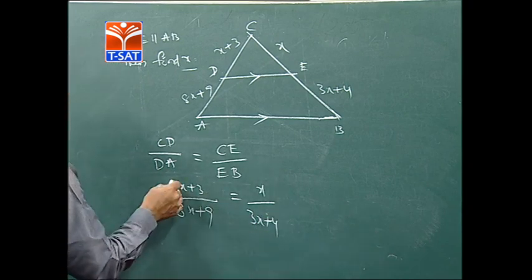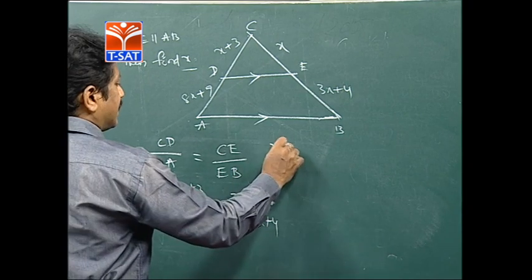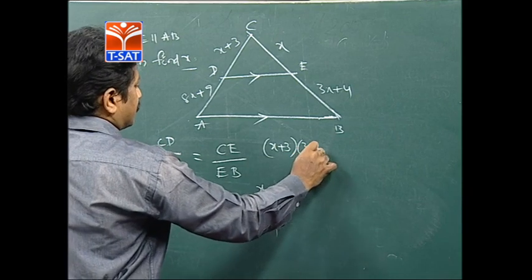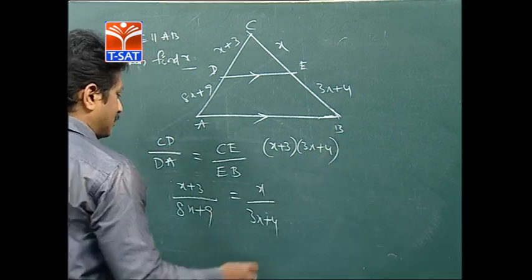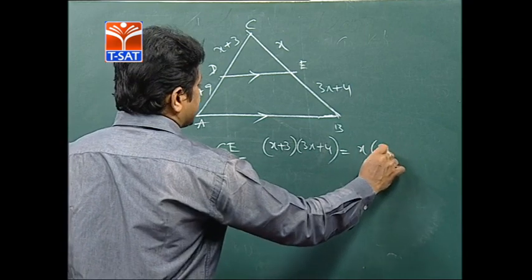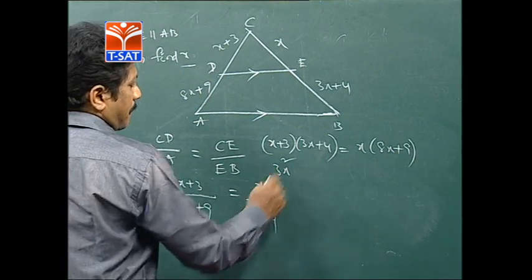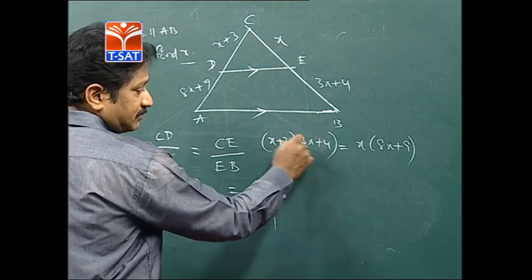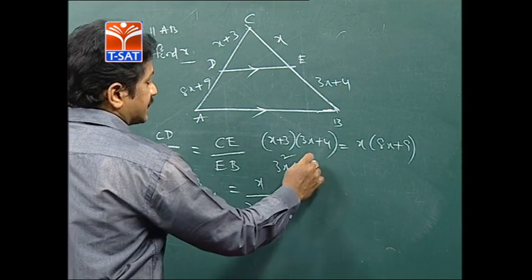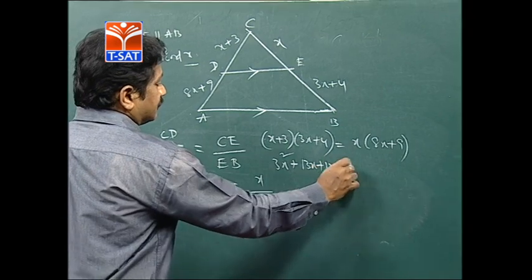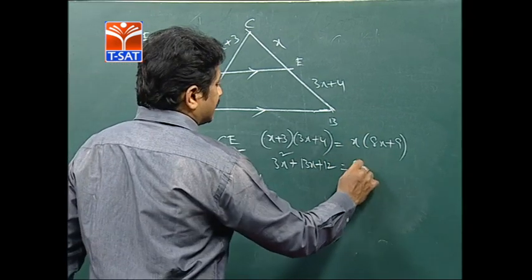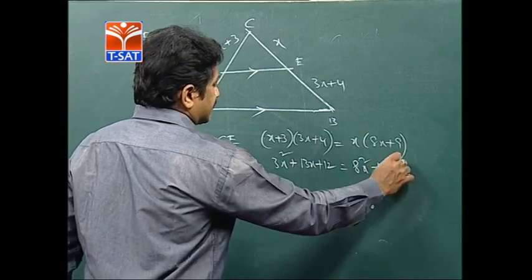Take the cross multiplication. So x plus 3 times 3x plus 4 is equal to how much? x times 8x plus 9. Now you can say this is 3x square, correct, plus 9x plus 4x, 13x plus 12, equal to 8x square plus 9x.